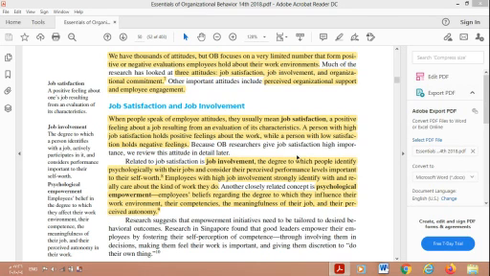Another issue related to job attitude is psychological empowerment. Psychological empowerment means the employee believes to what extent he or she can influence their work environment. It is the employees' belief in the degree to which they affect their work environment, their competencies, the meaningfulness of their job, and their perceived autonomy in their work.